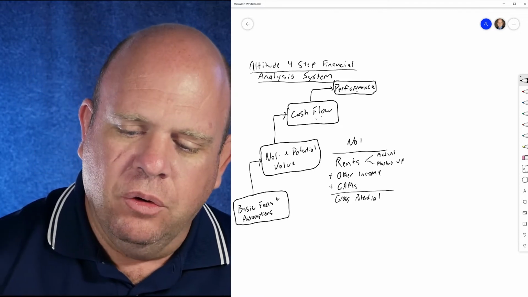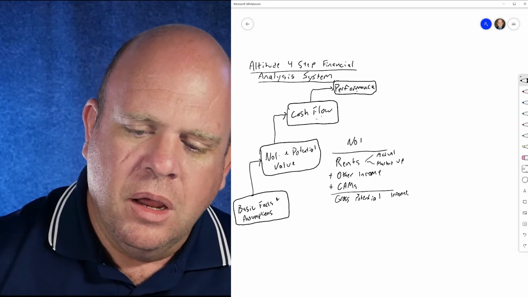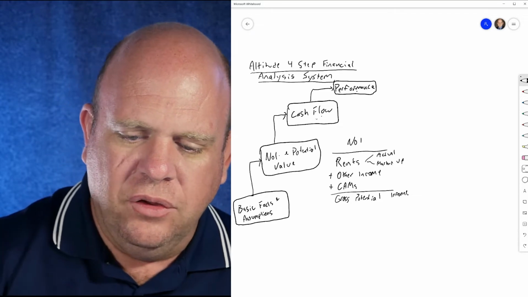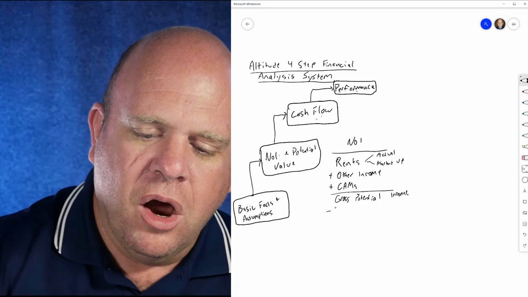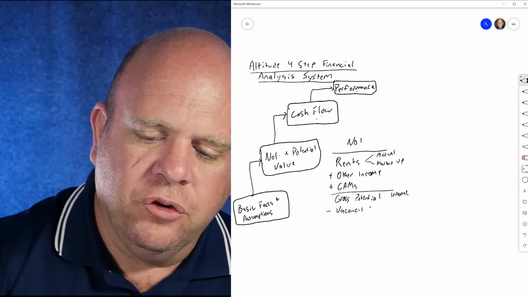Now, once you have gross potential income, one thing that you then do is subtract out of our gross potential income our vacancy and credit risk.